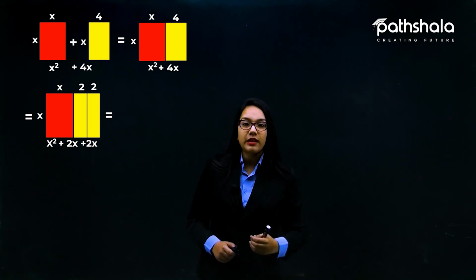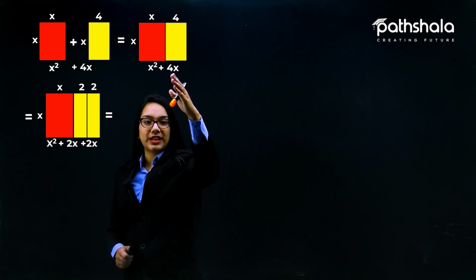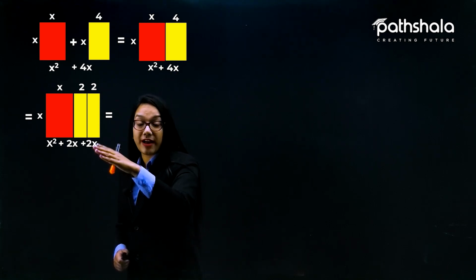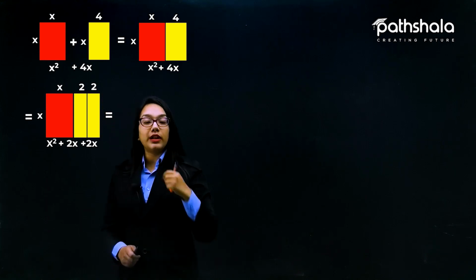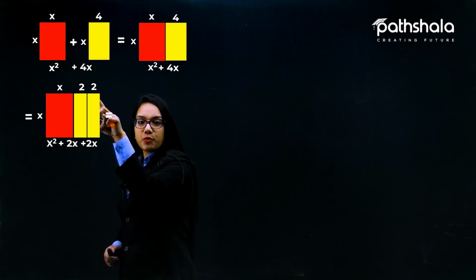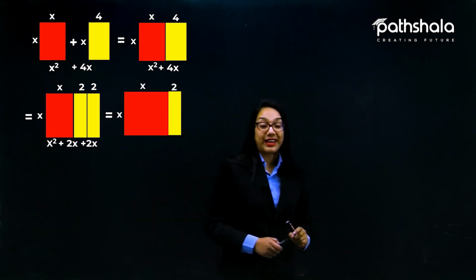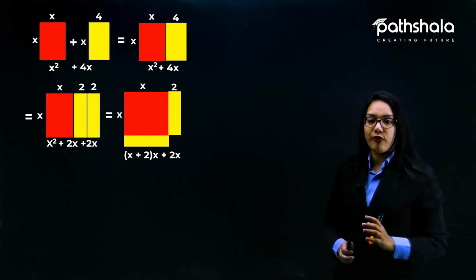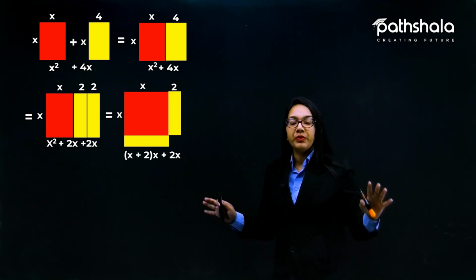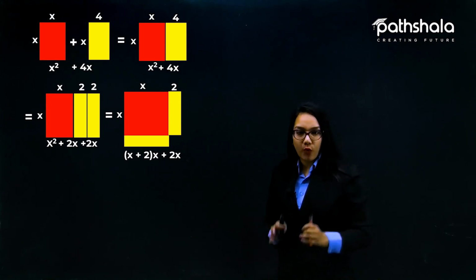So we have the same value again, x square plus 4x, because nothing has altered here except that we have taken it into halves. Now let us suppose I am moving this particular half towards this side. Taking it in this particular form, again nothing alters, the values remain the same, meaning we have x square plus 4x.